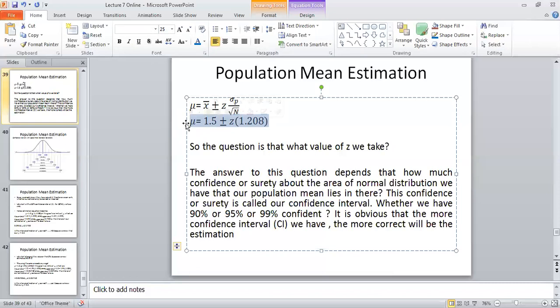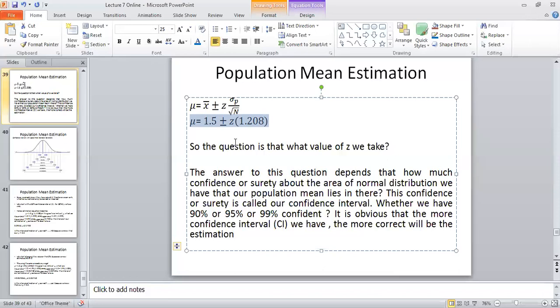Now let's say by my experimental procedures, I am only 68% confident that the mean I'm estimating lies in this area of the normal distribution, then definitely I would have the corresponding z value for it.